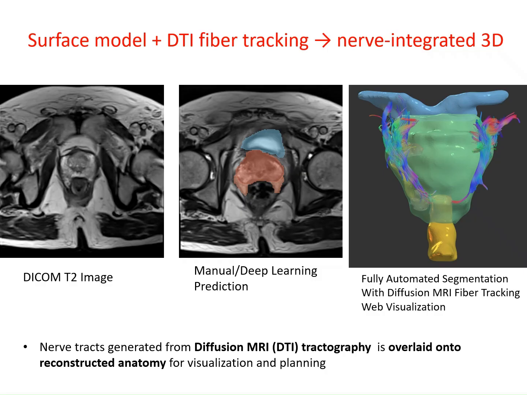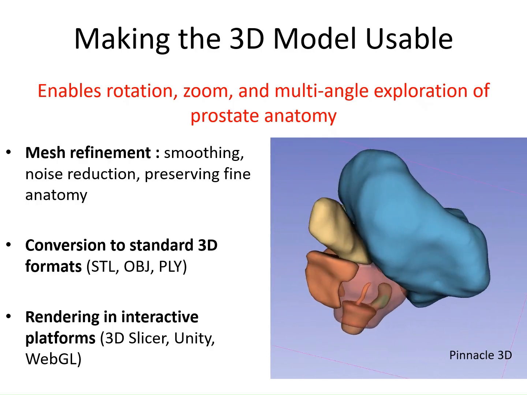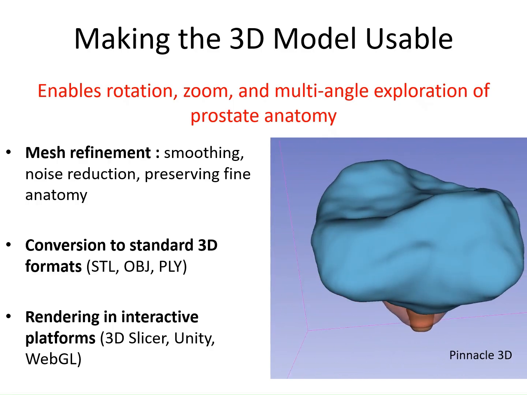DTI captures the directional movement of water molecules along the axons, and tractography reconstructs this orientation voxel by voxel, forming continuous fiber tracts. When these fiber tracts are superimposed on a prostate model, we obtain a functional anatomical map showing tumor and nerve relationships unique to each patient. This makes it possible to rotate the prostate, zoom in and out, and explore it from multiple angles, just like handling the organ in real life, but virtually.